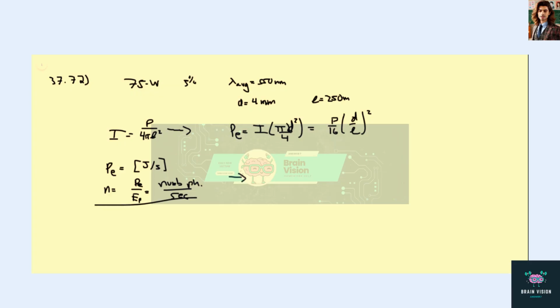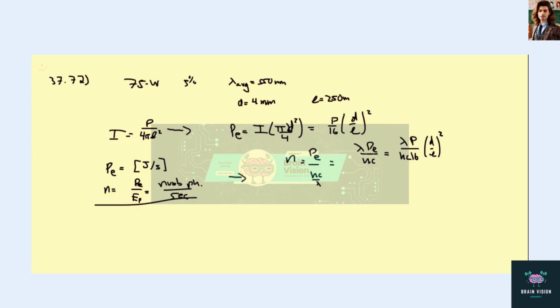So N equals PE over hc over lambda, which is lambda PE over hc. Plugging this in, lambda P over hc times 16, and then d over L squared.